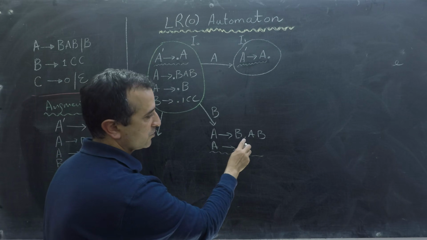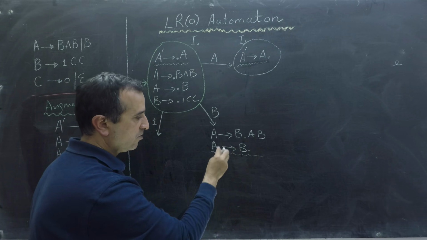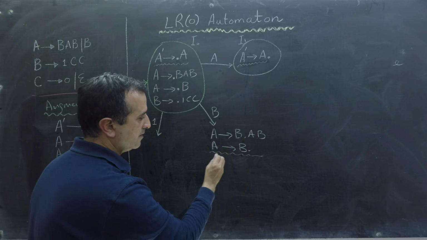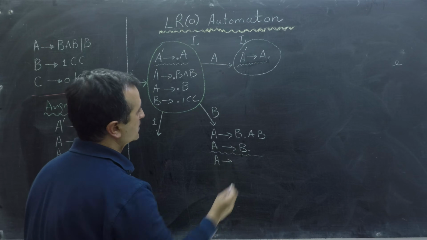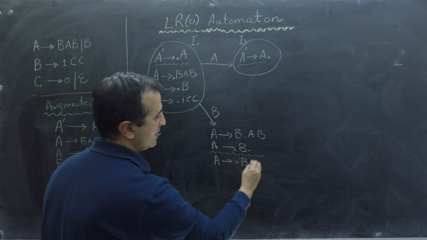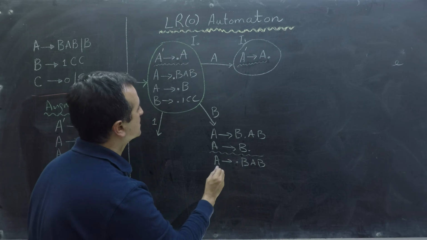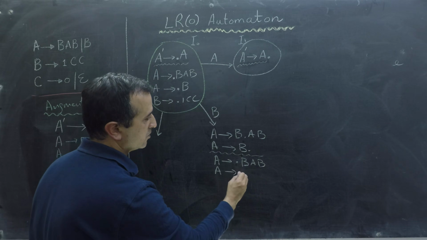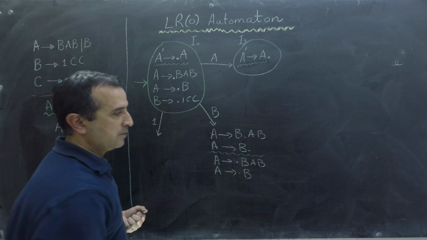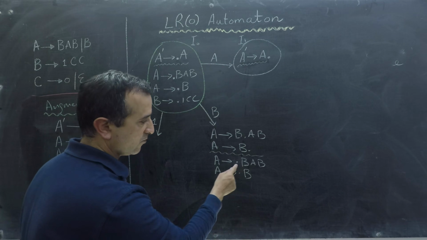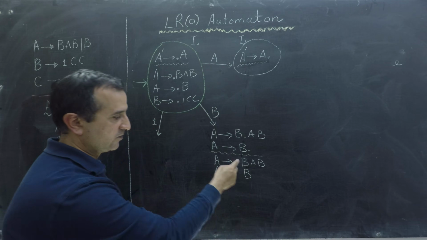Because our dot is before A, I have to add all the productions of A here. So A goes to dot B A B, and I have to place the dot at the beginning of these productions. Similarly, A goes to dot B, and because my dot is before B, I have to add all the productions of B here.